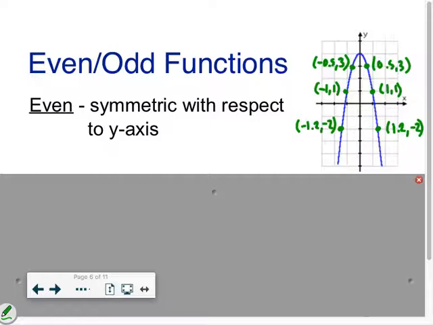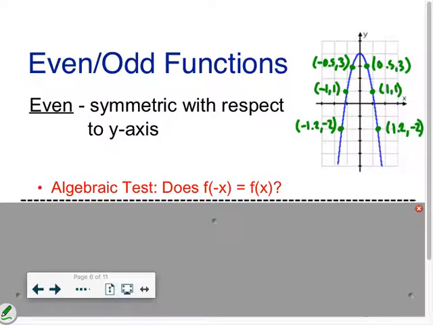So make sure you get this in your notebook, the algebraic test for even functions, and I'm going to be checking your algebraic test, is to test: is f of negative x equal to f of x?